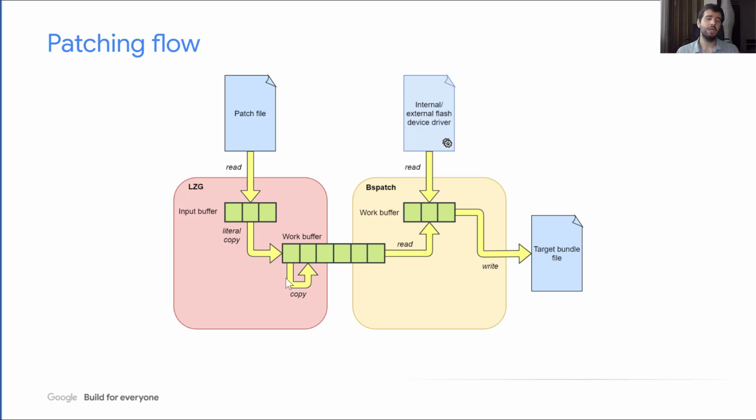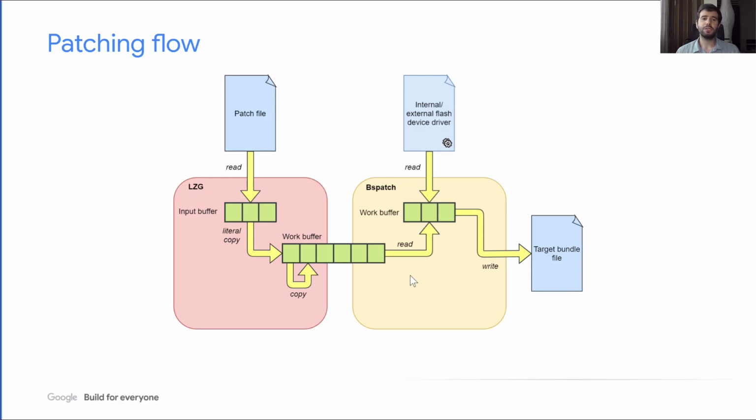This is done until the work buffer is full, and then BSPatch consumes all the data available in the LZG work buffer by executing the BSDiff commands.